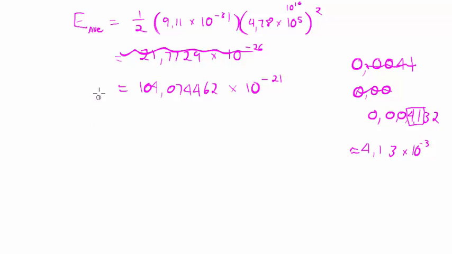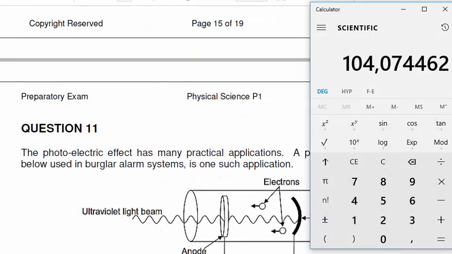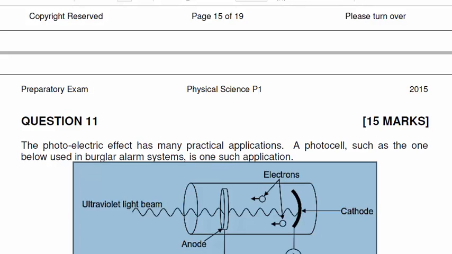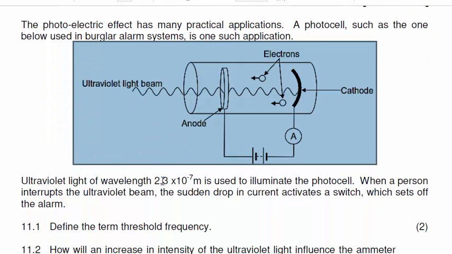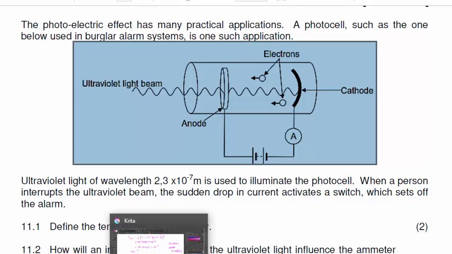Now, this is the net, the extra energy it had after we took away the work function energy. The work function energy is what I'm trying to solve. So how much energy did we use to knock it off? The energy we used is the speed of light times Planck's constant divided by the wavelength. They gave us that the ultraviolet light being used has a wavelength of 2.3 times 10 to the power of -7.